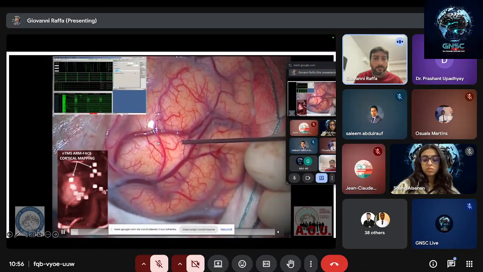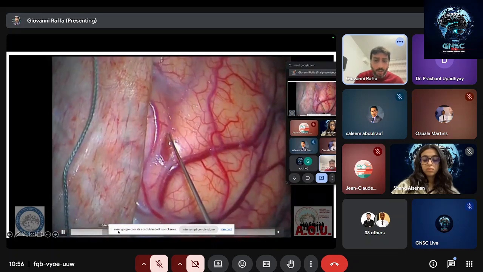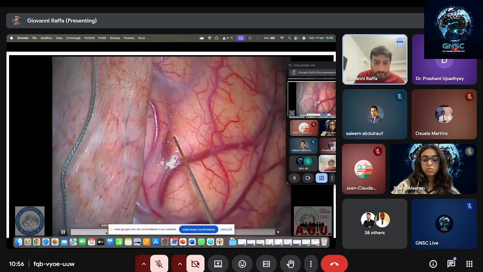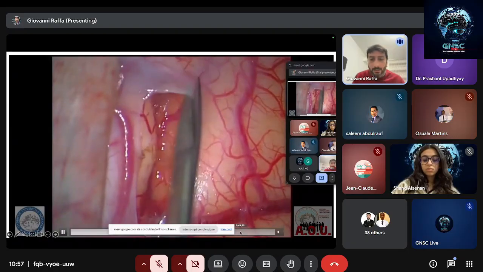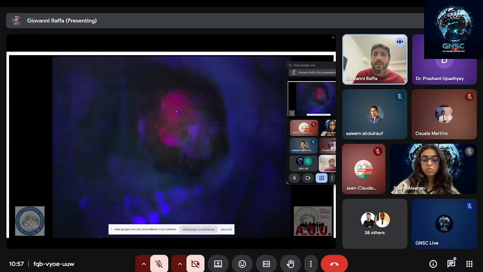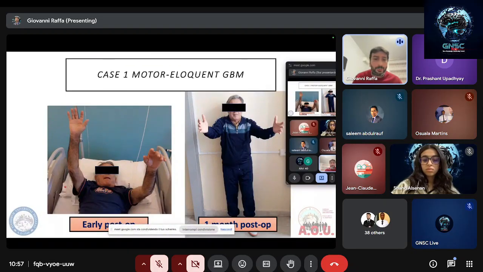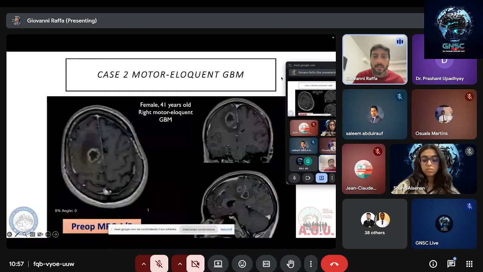This is what we performed during surgery, our intraoperative mapping, opening the arachnoid, and then resecting the lesion under the guidance of the intraoperative monitoring, using also 5-ALA and so on. And this is the patient that experienced an early postoperative motor deficit that recovered after 1 month.